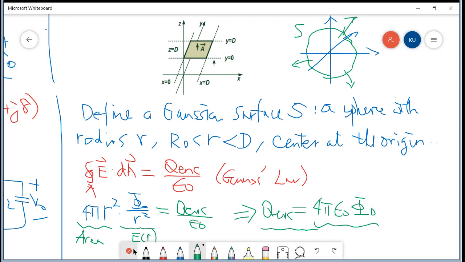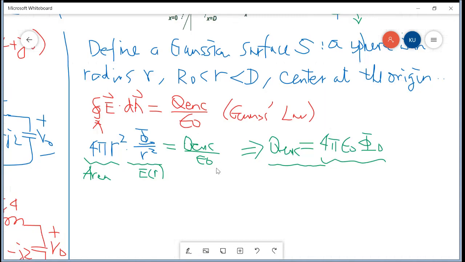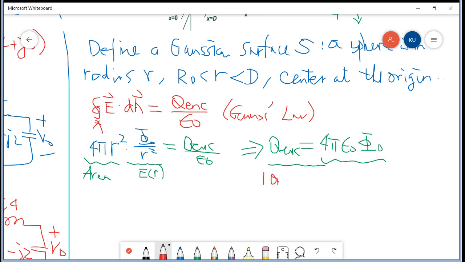You can also use the shell theorem to get this step.